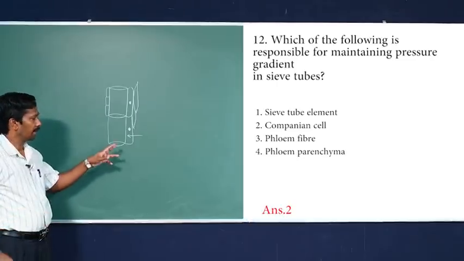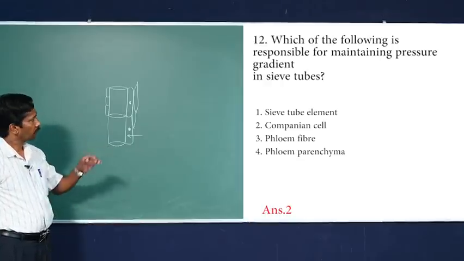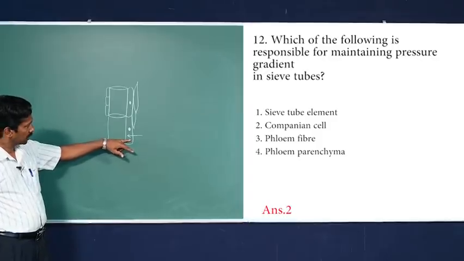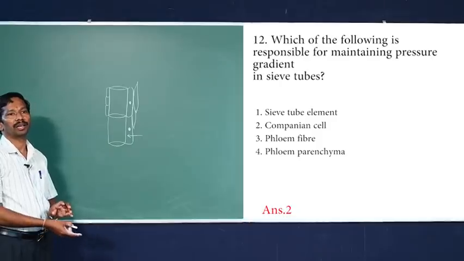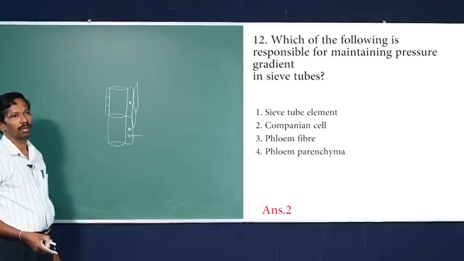Often we represent a turgor pressure gradient responsible for shifting food material from the production end to the consumption end. So the sieve tube gets food material through the companion cell, hence maintaining the pressure gradient assisted by the companion cell. So the answer is 2 for question number 12.